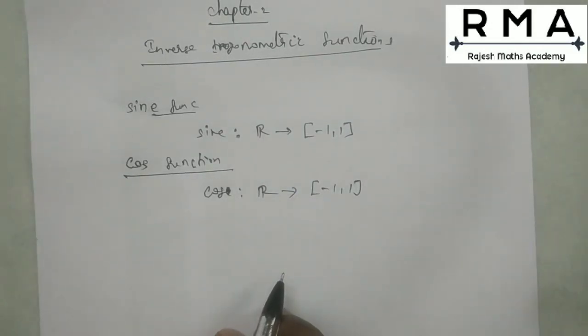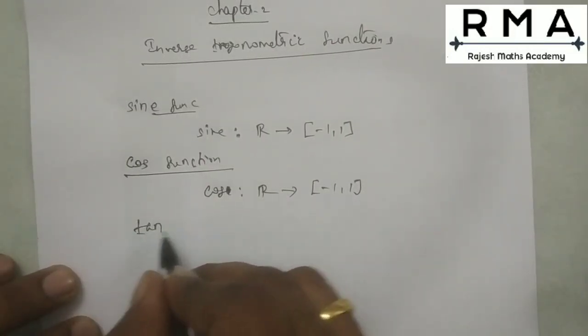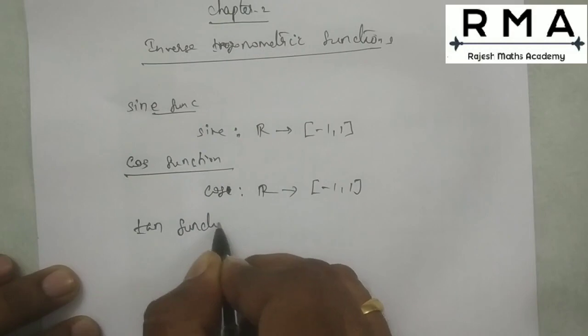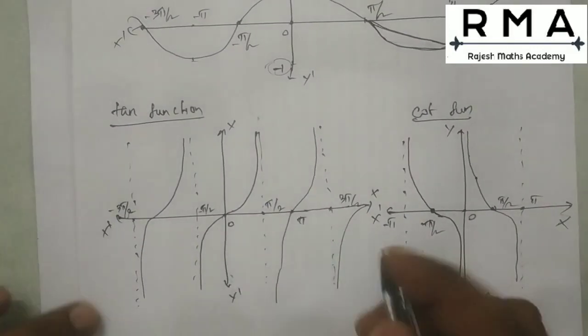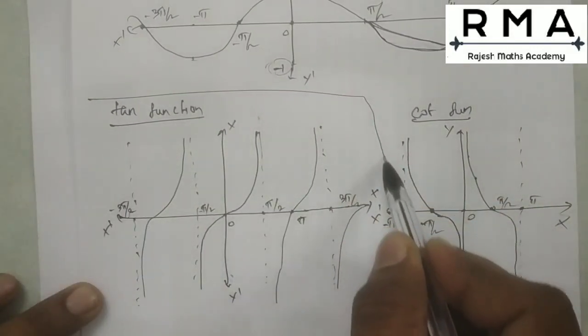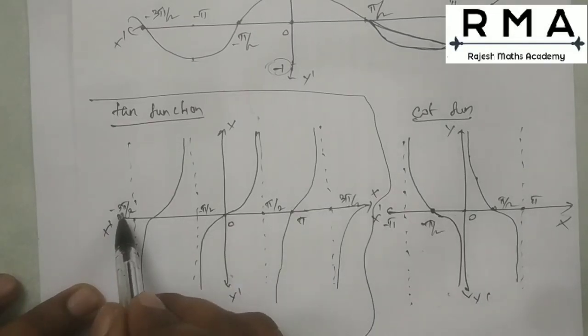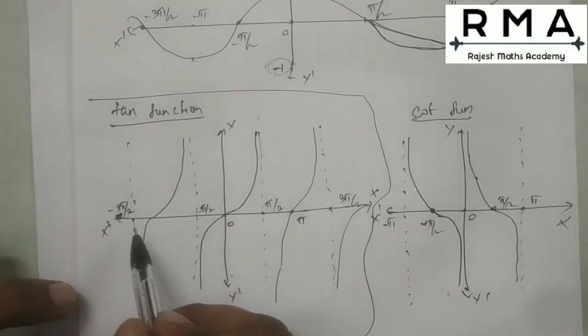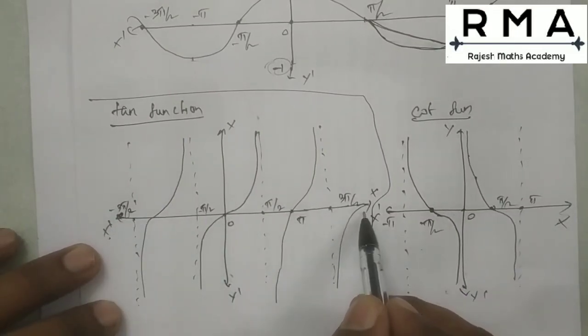The next function we will see is the tan function. This is the graph of the tan function. Similarly to the previous functions, it extends from minus infinity to plus infinity, but there is one condition.